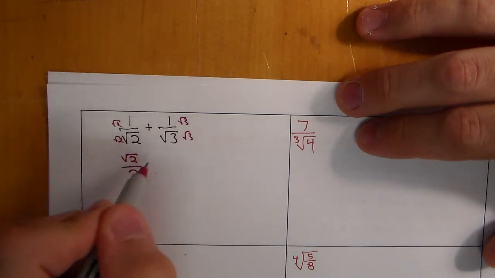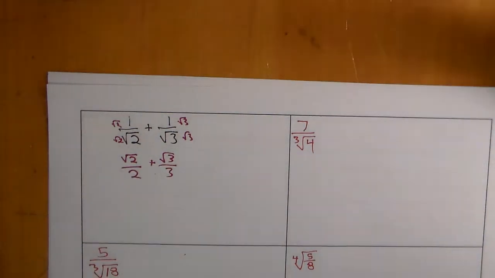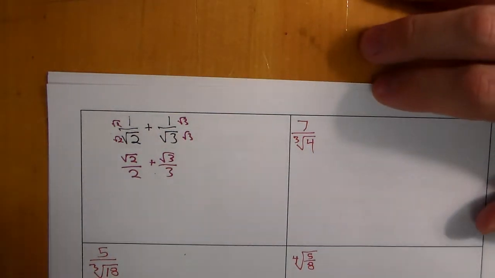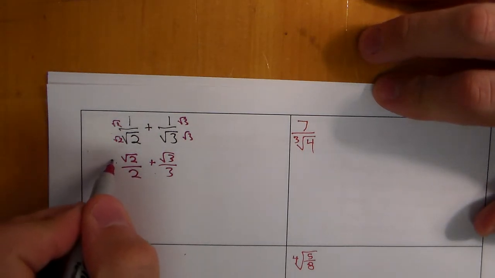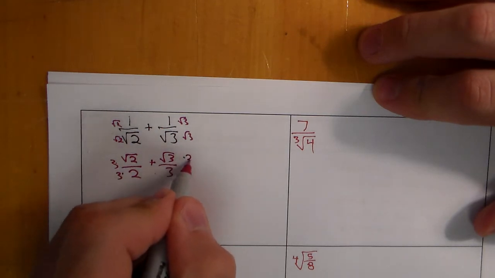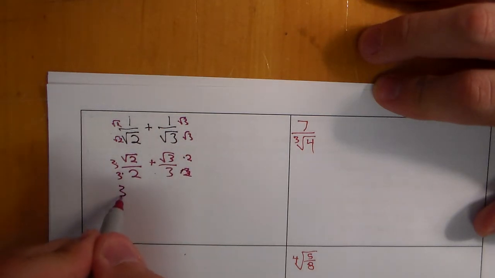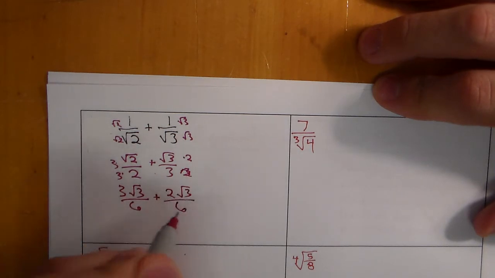Same thing over here, I get root 3 over 3. Now from here, we've rationalized, we've taken care of that part of it, but we have to continue to simplify. These do not have the same denominator, so I'm going to multiply the top and the bottom by 3 on the first one, and the top and the bottom by 2 on the second. This gives me 3 root 2 over 6 plus 2 root 3 over 6.